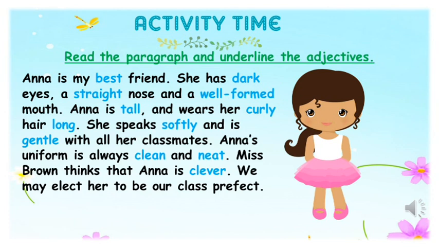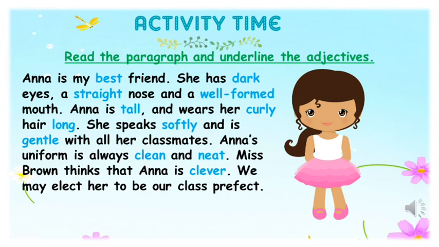Anna is tall and wears her curly hair long. This sentence also has three adjectives that describe Anna: tall, curly, and long. She speaks softly and is gentle with all her classmates.